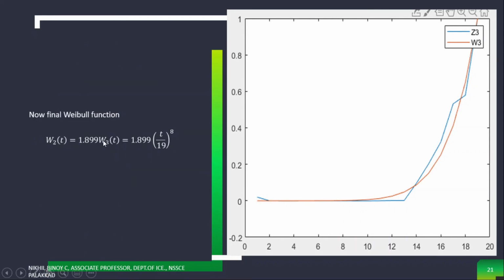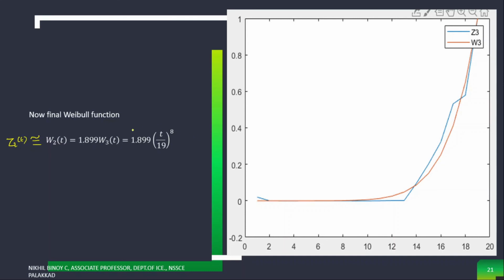So we can write W2 of t is equal to 1.899 into t by 19 raised to 8. This one is the Weibull model representation of Z2 of t.